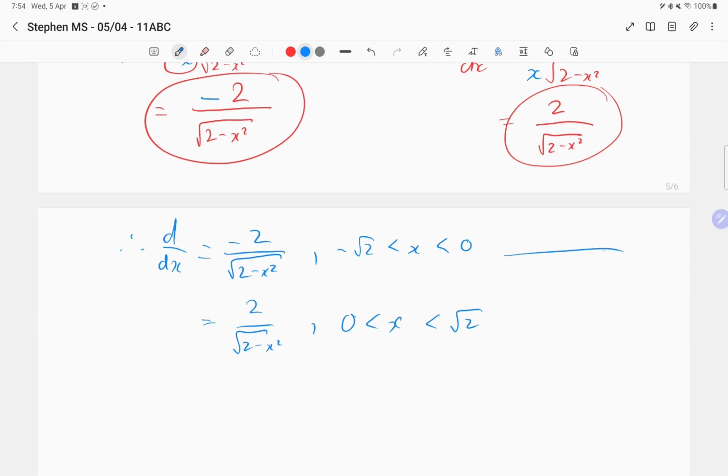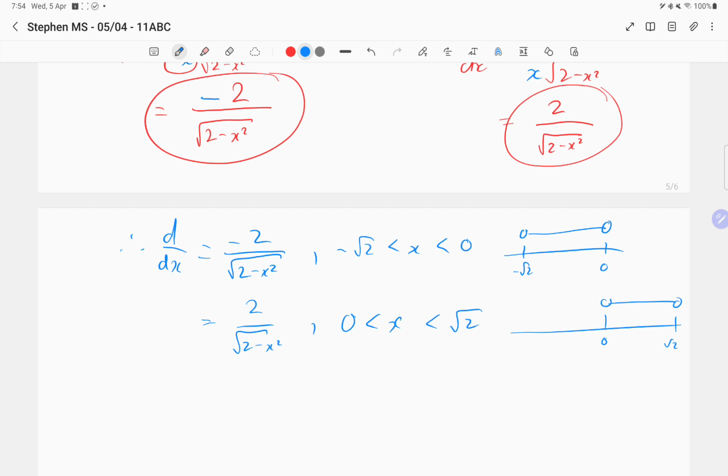So it's kind of like saying from negative root 2 to 0, this is the domain that will give this derivative. And the other domain from 0 to root 2 exclusive would give this derivative. Make sense? At least that makes sense.